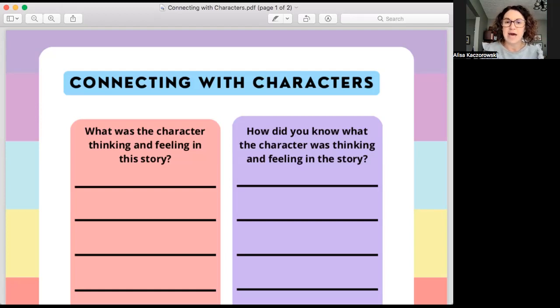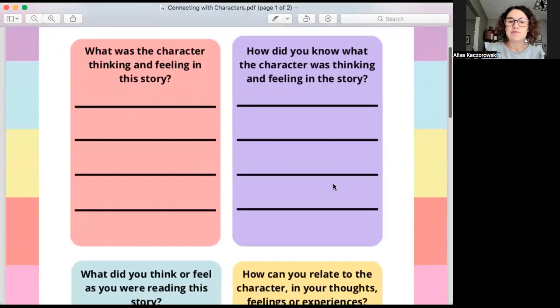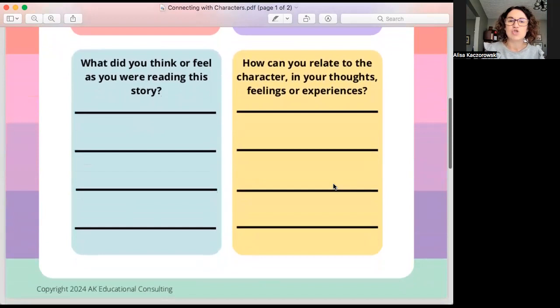But more than that, since we're talking about empathy and compassion, is then sort of making that leap into how they can connect with that character, how they can start to think about the situation that the character was in, put themselves in their shoes, and question how they would handle the situation, how they would feel in that situation.